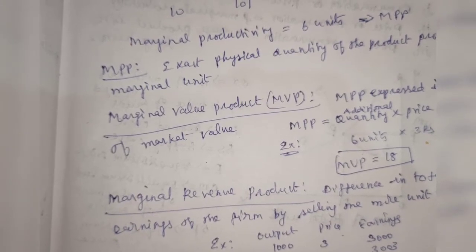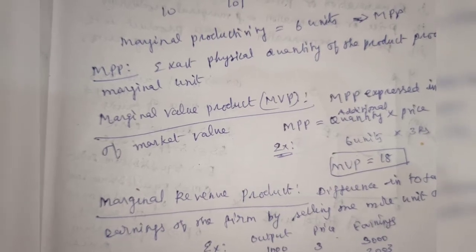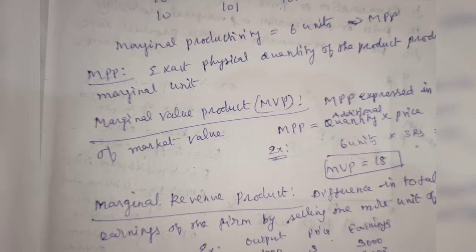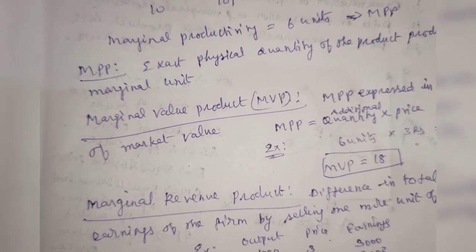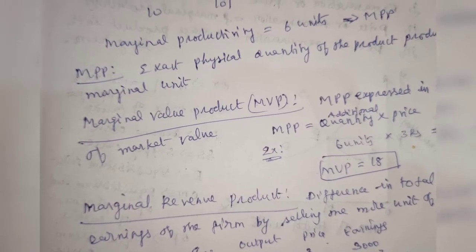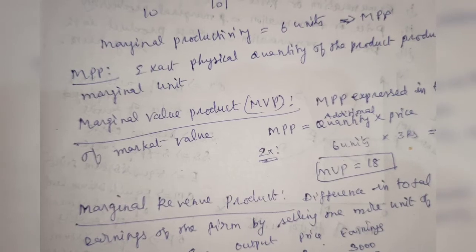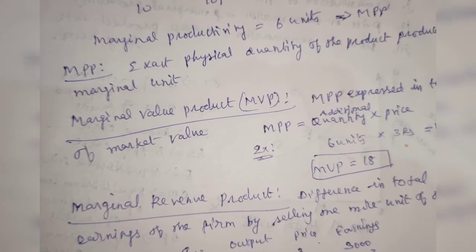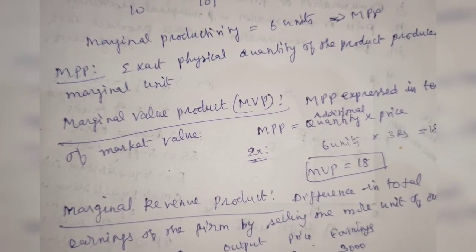Take, for example, the price of 1 unit is 3 rupees. Then the additional 6 units into 3 rupees gives us 18. So this 18 is called the marginal value product. That is, the additional units of production multiplied by its price are called the marginal value product.